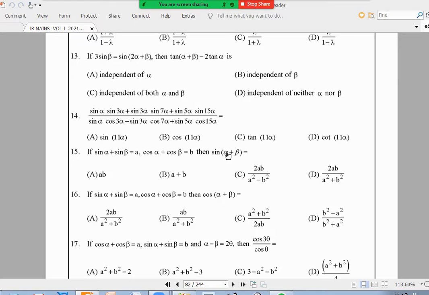Sir, in the 14th question, we can divide both numerator and denominator by 2, no, sir? You can multiply it too. Then by using formulas, we can simplify the answer. Yeah, correct. Is 13 done? Yes, sir. Okay.